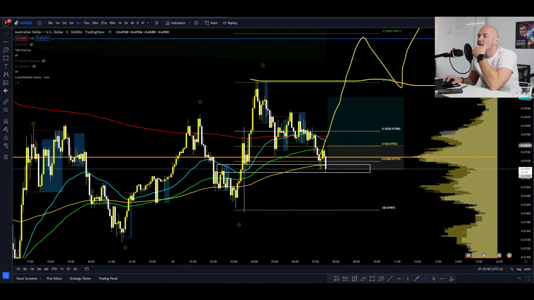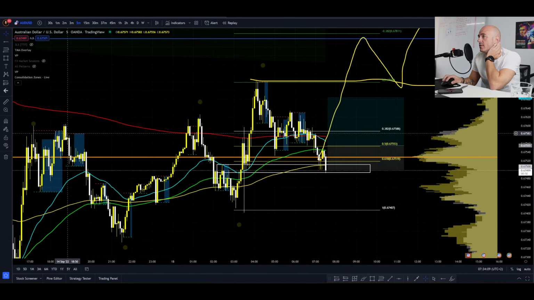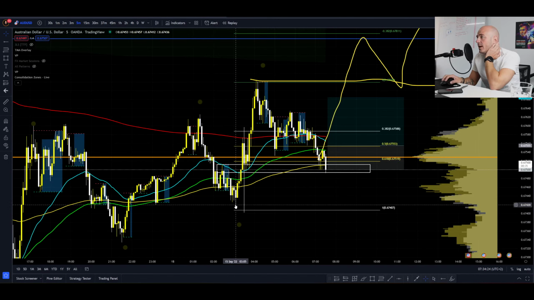Are you entering on engulfing candles? Because I don't see order blocks in those areas. Is this because it's in a consolidation zone? And yes, entering on engulfing candles or specific candle patterns. Basically, if I'm trading a consolidation zone, I'm trying to get an engulfing candle at the high and then get out at the low. Once these two were formed, you would get in on an engulfing candle here, which would have been that one kind of, but that was at midnight, so I wasn't alive at that point.